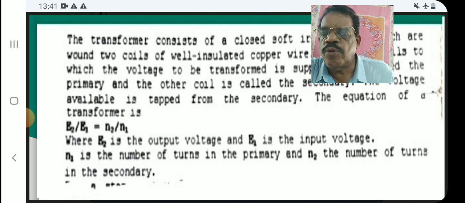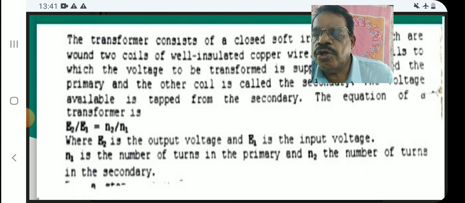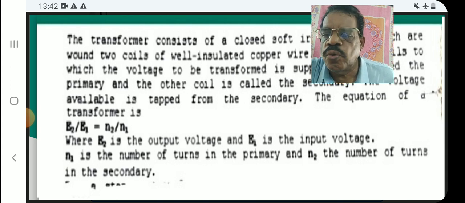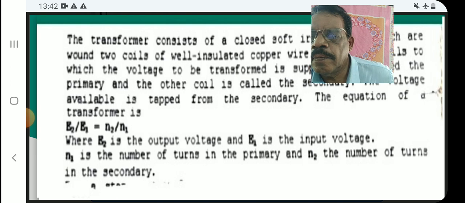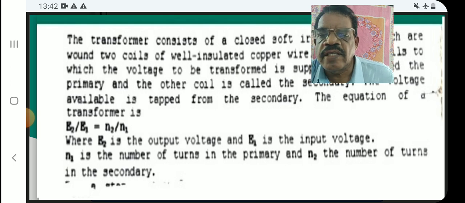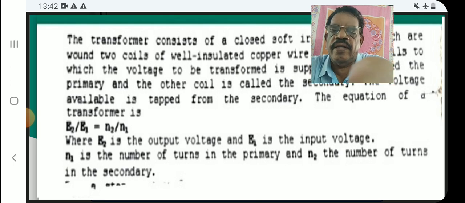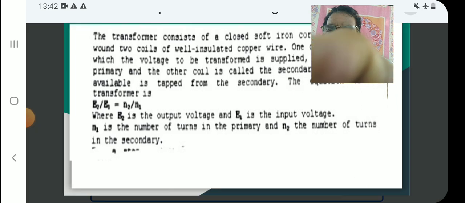The equation of the transformer is E2 by E1 is N2 by N1, where E2 is the output voltage and E1 is the input voltage, N1 is the number of turns in the primary, and N2 is the number of turns in the secondary.